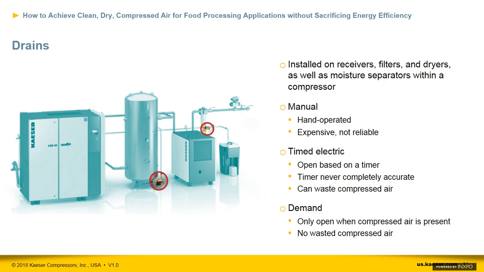This is especially helpful for applications that cannot tolerate any moisture. The same signal can be used to close off the compressed air to protect the process from contamination. Remember, your clean air treatment is only as reliable as the weakest link, and that is typically the drains.